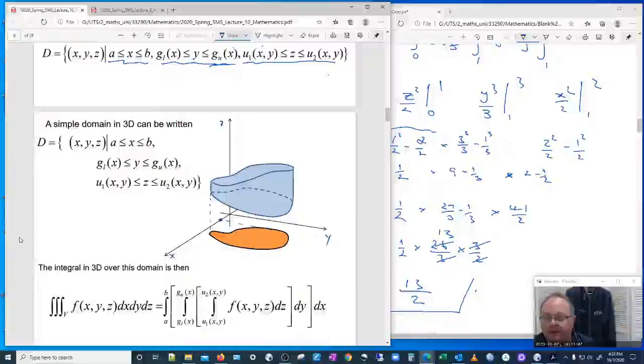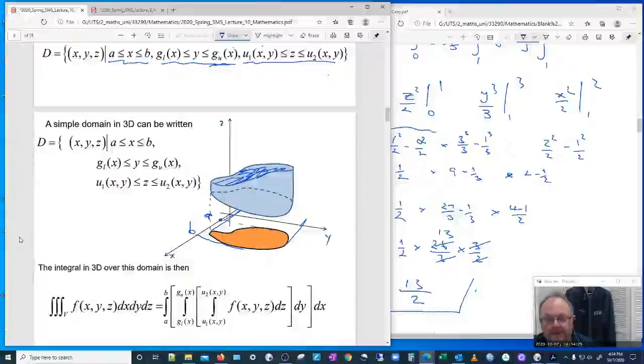Okay, so we've got our 3 parts. We've got our constants for A and B. Then we've got our G of X and G of Y. And then on top of that, we've got our surface, which is this guy.